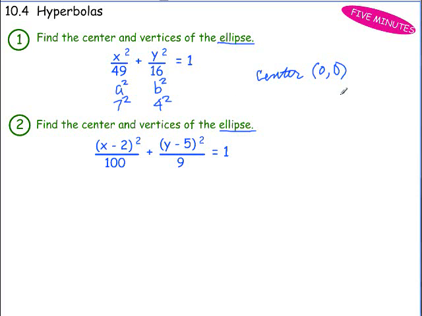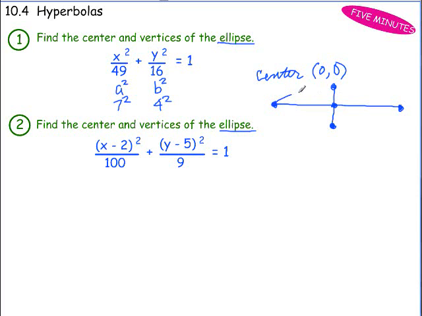So if I think about how this lays out on the grid, I've got 7 away horizontally to find my vertices, 4 away vertically to find my other vertices, or sometimes referred to as co-vertices, and my center, of course, right here.